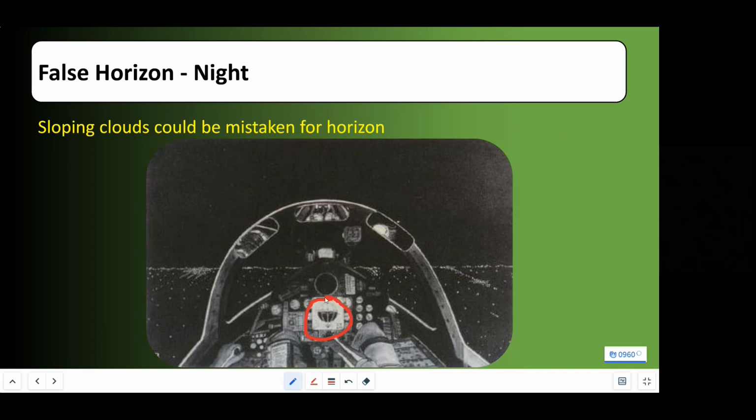But the attitude indication for the pitch indicates that the pilot is actually pointing the nose down a little bit lower than the actual horizon. That white line does represent where the horizon is, and the pilot has now misinterpreted that line of lights for the horizon, pointing the nose down, because that's where you've got to put the nose in relation to the horizon, the nose slightly above the horizon.